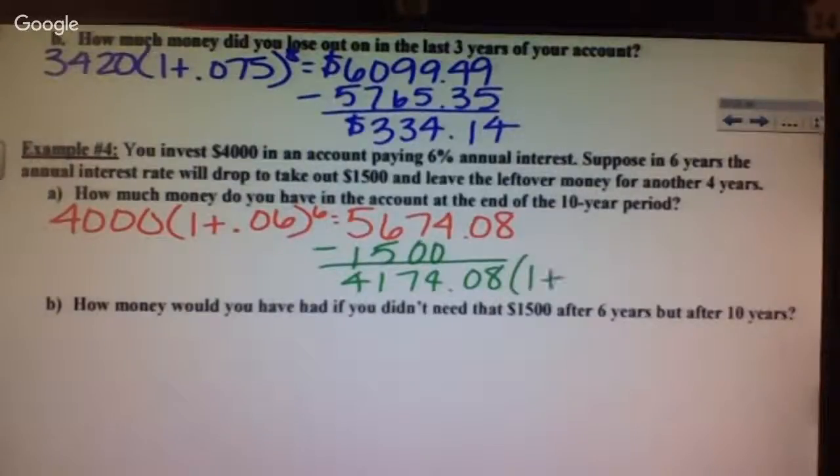No. So we're just going to keep this money in the account now, and we're going to keep it in for another 4 years. $5,269.68. In those 4 years, you didn't even make your $1,500 back.